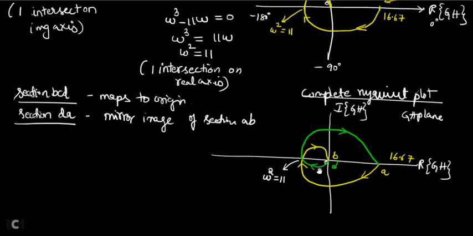But find out how many encirclements are present around -1. Where is -1 here? I don't know where -1 is at all. Correct, no? So you need to find where -1 is present. In order to find where -1 is, you should find the value at this intersection.